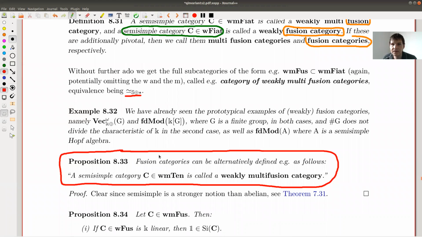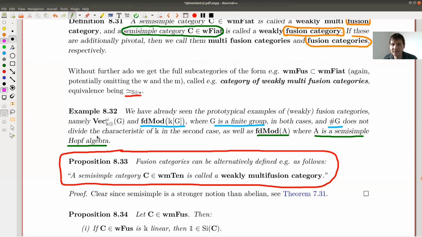The standard examples you should keep in mind are finite dimensional modules over a semi-simple Hopf algebra. Or, as we've seen in the previous lecture, you take a finite group and finite dimensional modules, and you want it to be semi-simple.